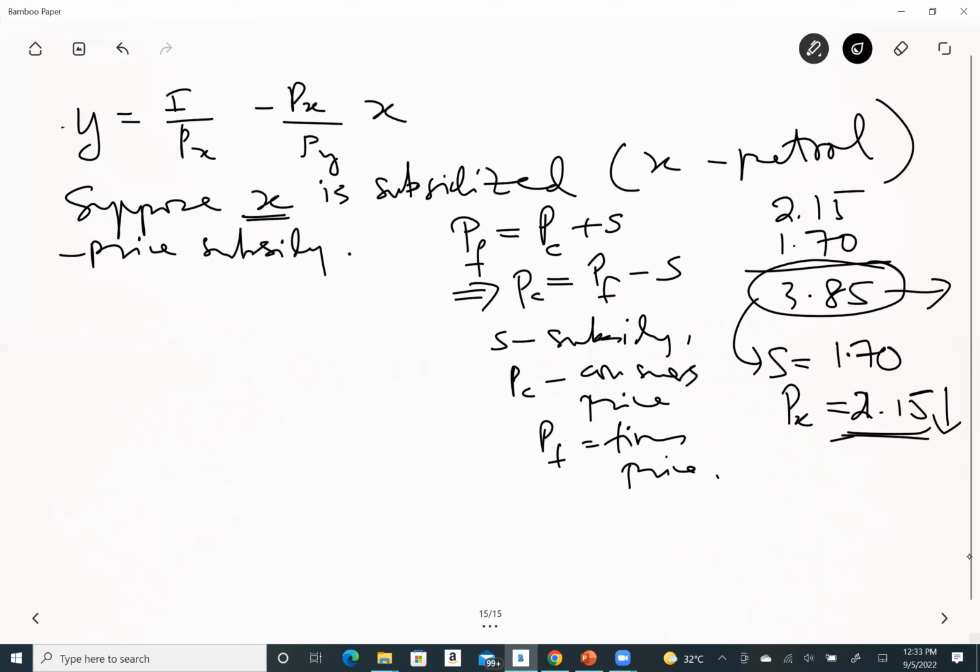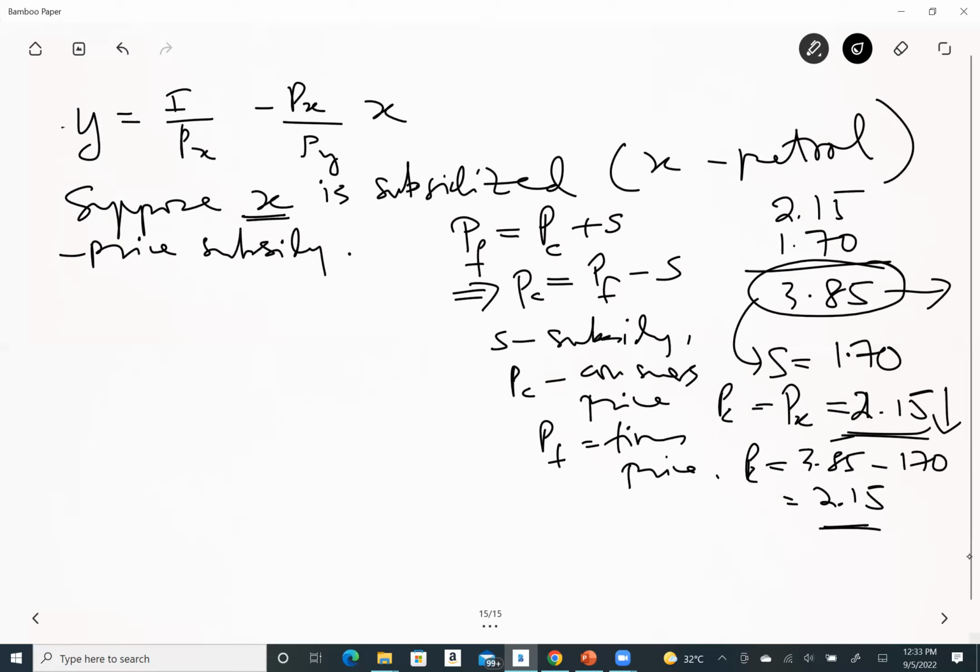So PX is PC. PC here is equal to PF, the price the firm gets, 385 minus 170, so you get 215. The price will be reduced by the amount of the subsidy.